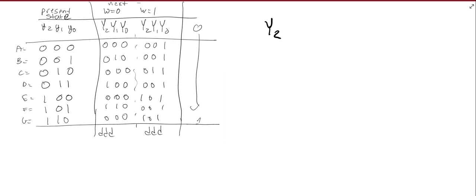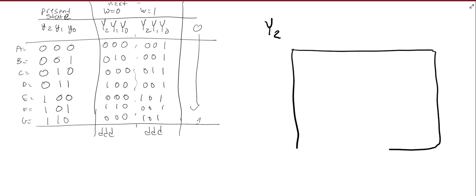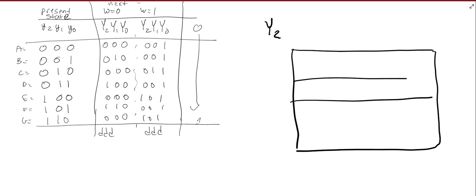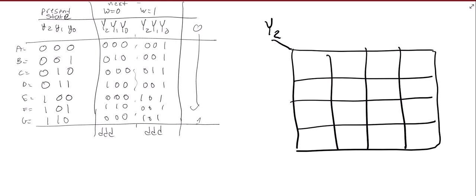So for Y2, we want to do a Karnaugh map, and our Karnaugh map will have 4 variables: Y2, Y1, Y0, and W. 0, 0, 0, 1, 1, 1, 1, 0. And I'll start with the W.